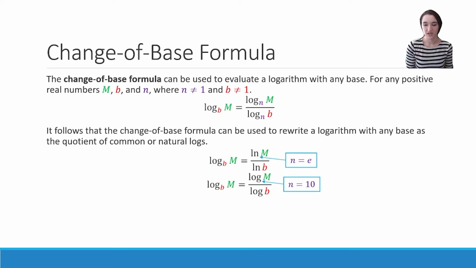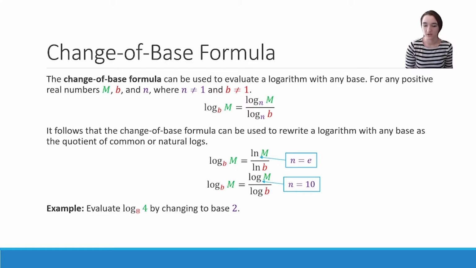Scientific calculators generally have a log function, but they don't always have one where you can change the base, or it's not always intuitive to find where that function is. So we use this instead.